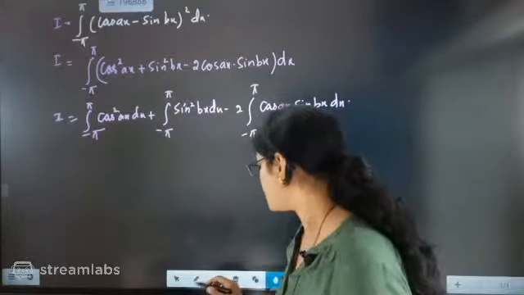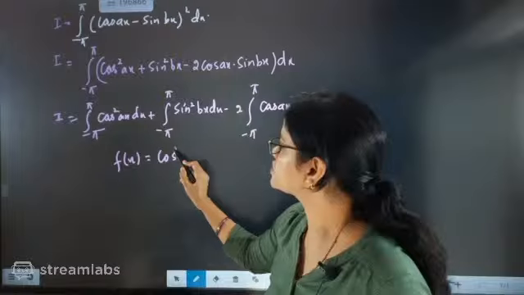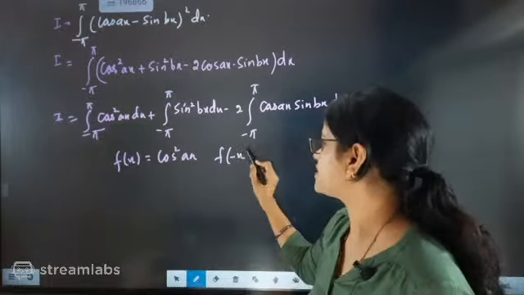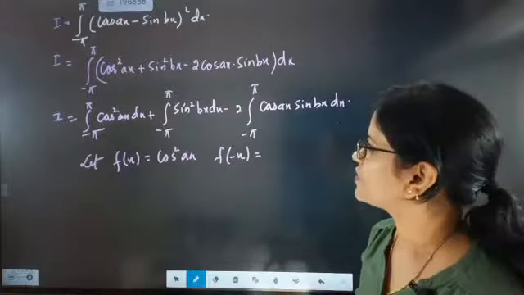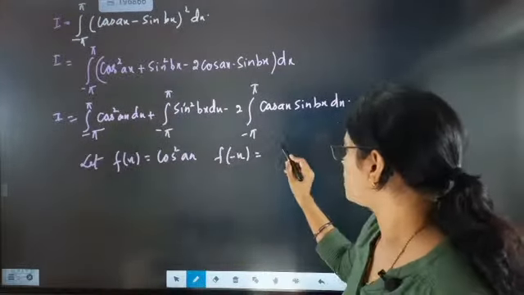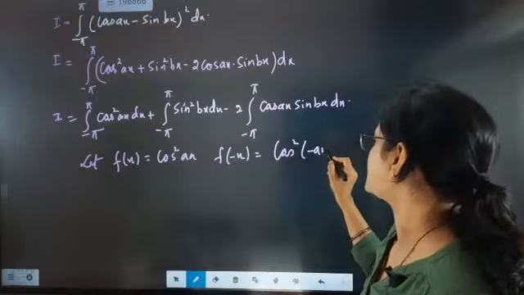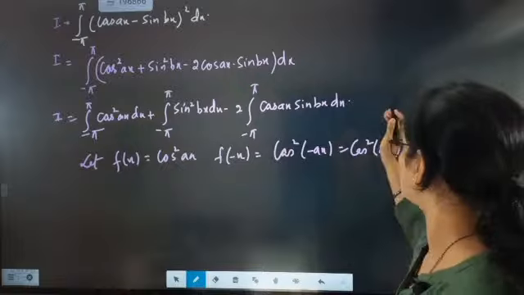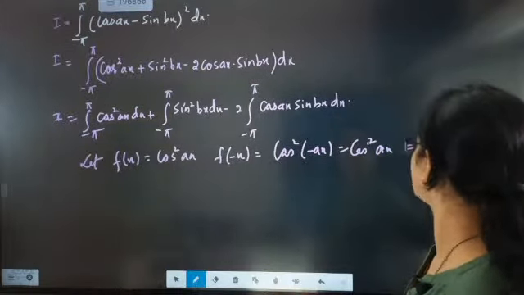Simple work: if we take f of x equal to cos square ax, then f of minus x is cos square of minus ax, which is cos square ax, so it is f of x.